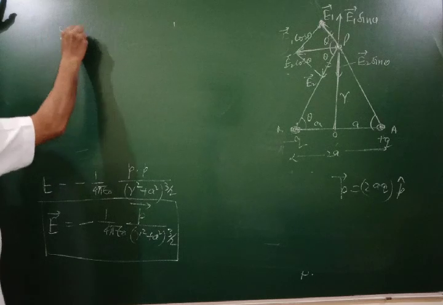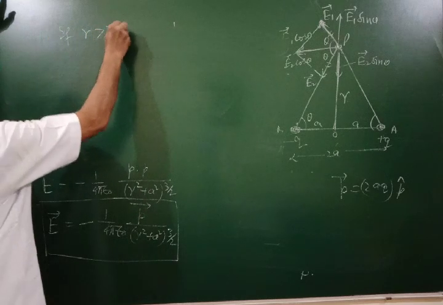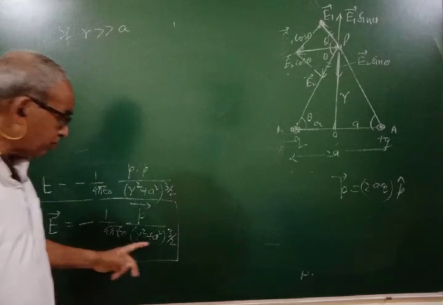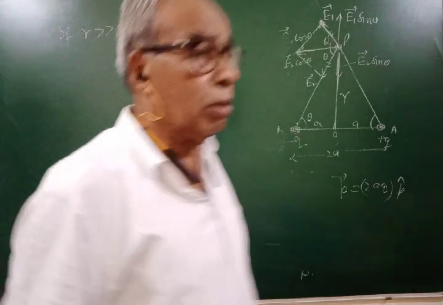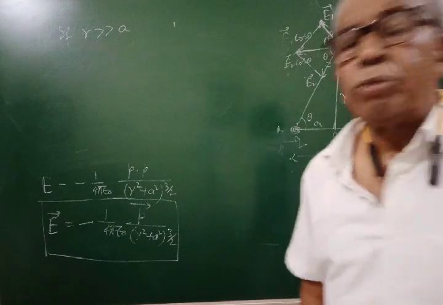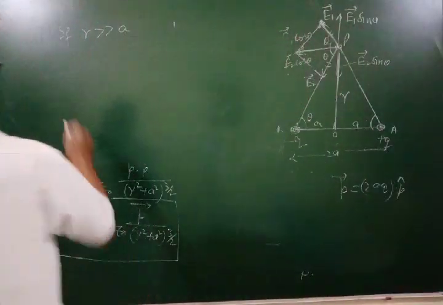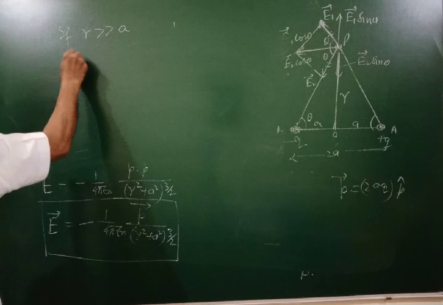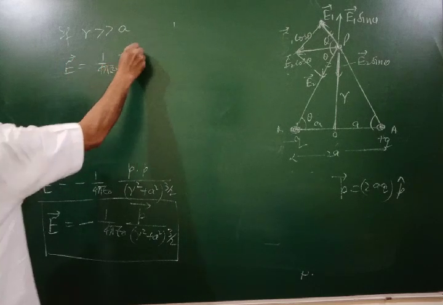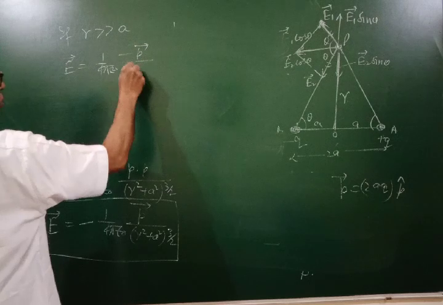If r is much greater than a, a is negligible. How? Suppose r is 1 meter and a is 5 millimeter. So 5 millimeter is negligible. Then vector E will be 1 upon 4 pi epsilon 0, you can write minus here also, P upon r cube.